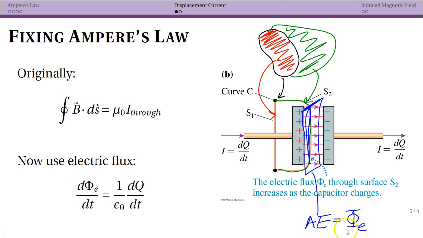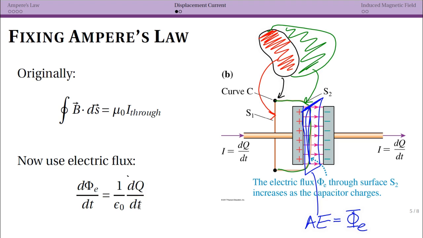So our electric field depends on charge, and we see that the charge is changing due to the current. The area stays the same. So what we basically get then is that our time derivative of the electric flux is 1 over epsilon naught, where epsilon naught comes from the relationship between charge and electric field, dq dt, where this is just the current, right?